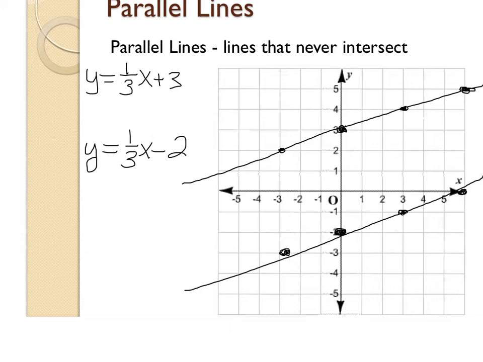These lines will never cross because they are always moving at the same rate. They're always moving up 1/3, up 1/3. They'll never cross because they're always moving at the same rate of up 1/3. So they'll never bend and intersect. That is why parallel lines never cross.